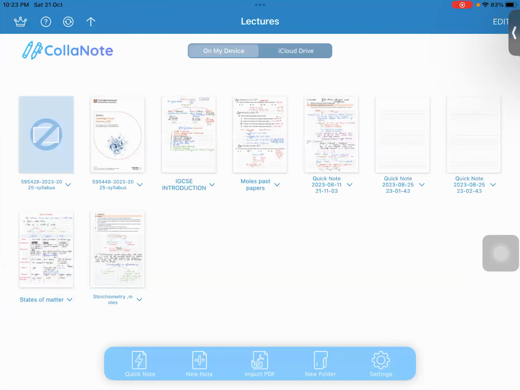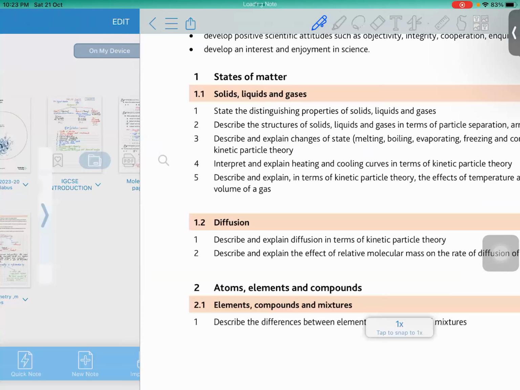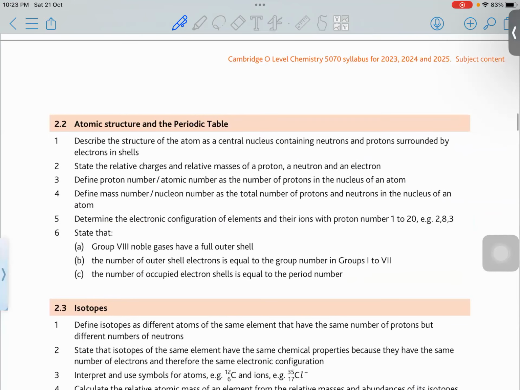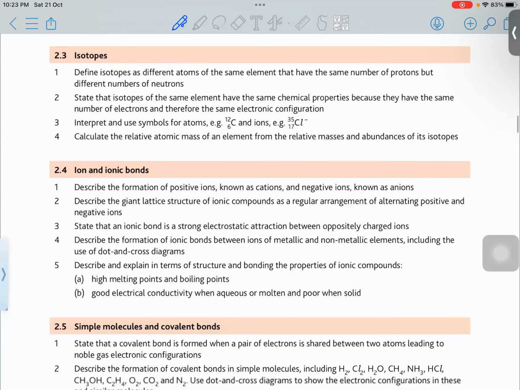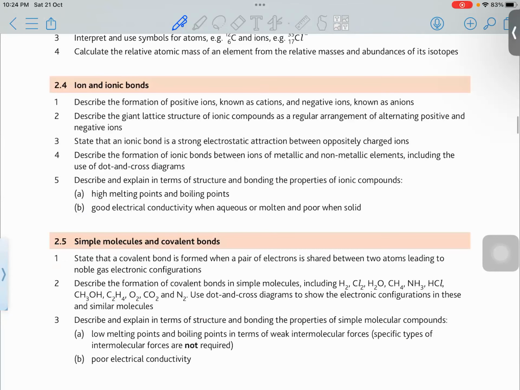Any question? No, sir. What should the second chapter be? Sir, the second chapter is atoms, elements, and compounds. Atomic structure and the periodic table, right? Yes. Atomic structure and the periodic table. Okay.